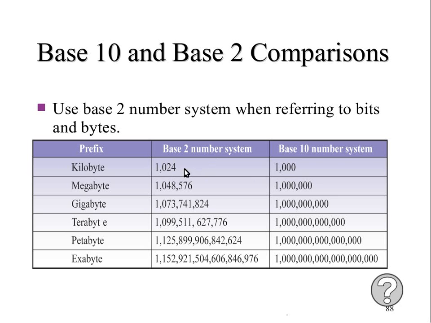It's the base 2 number that's closest to 1,000. And a megabyte really isn't a million, it's actually 1,048,576. And a gigabyte, well, that's not really a billion, it's a little bit more, and a terabyte is a little bit more than a trillion, and so forth. So all of these numbers are slightly bigger than what they would normally be in the regular metric system, because they're based on powers of 2, but pretty close.